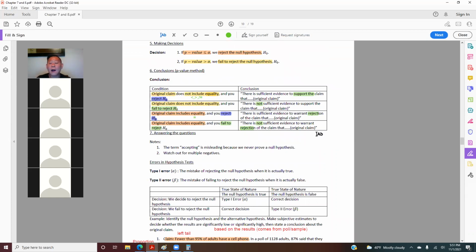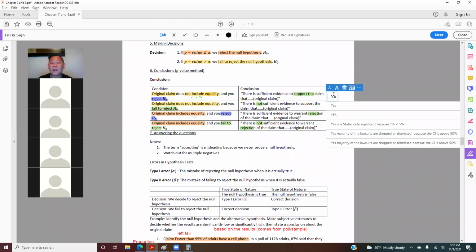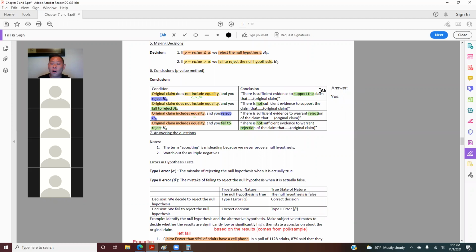Okay. And the last thing we're going to talk about here is how we answer the question. Answering the question is very easy. The answer in this case is based on your conclusion. If you support the claim, then your conclusion will be valid, or yes, or true.